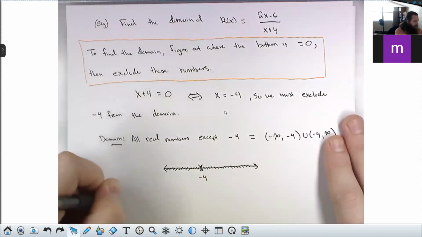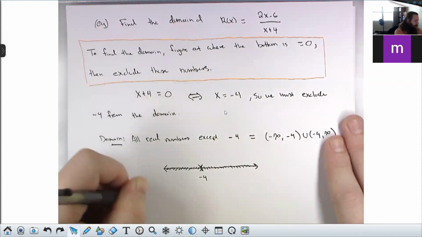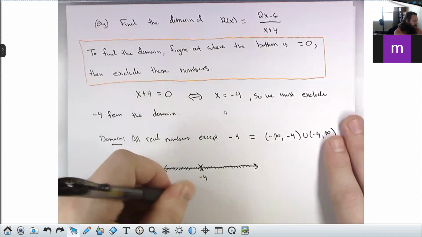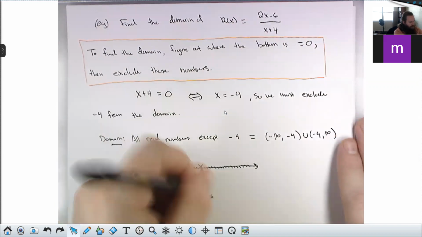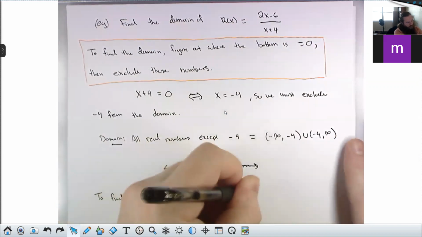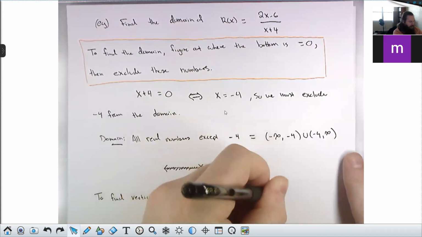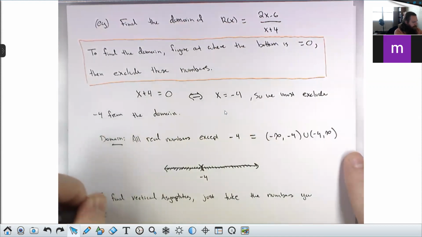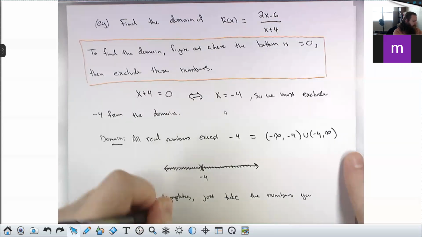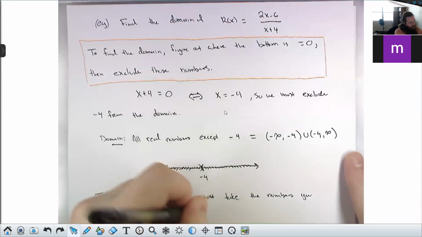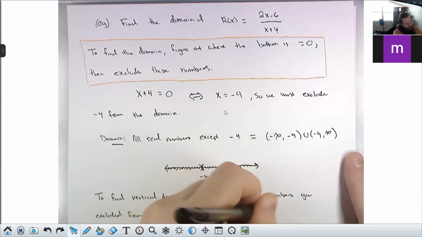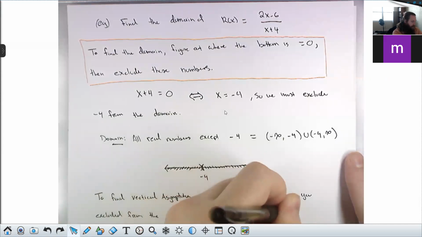To find vertical asymptotes, just take the numbers you excluded from the domain and write x equals those numbers.